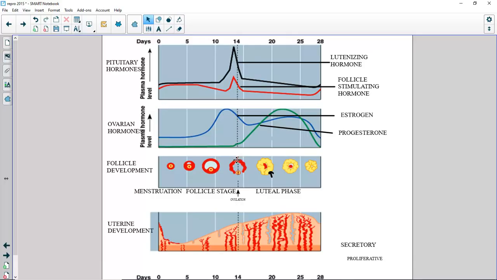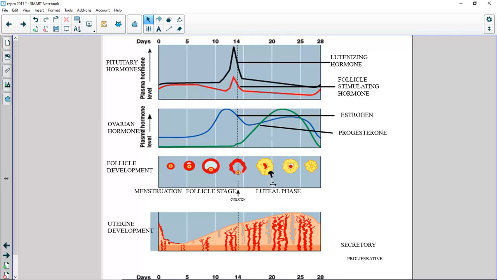LH stimulates ovulation, but FSH is actually going to stimulate the LH, and then go rapidly down. So LH, ovulation right in the middle, peaking right before the 14th day or so. Release of the egg.